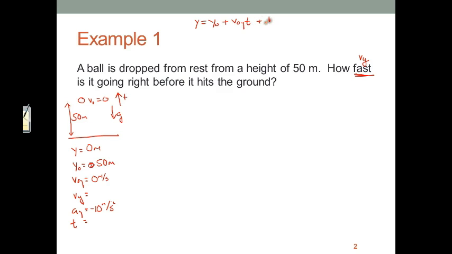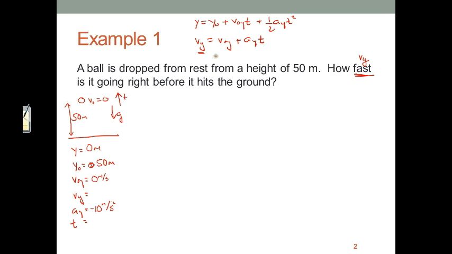I'm now just writing out the constant acceleration equations just so that we have them to refer to and look at. What I want to know is Vy, which is sitting right here. In order to use this equation, I have to know V0y, which I do know. I need to know Ay, which I do know. However, I don't know t.